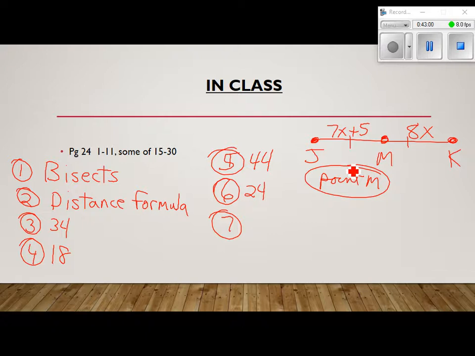Then we're going to set up an equation. What equation are we going to set up? Unlike the problems we did at the start of class, are we going to say this plus this equals the whole thing? We don't have to do that this time. What do we know about these two segments? They're equal to each other. So what equation can I set up?